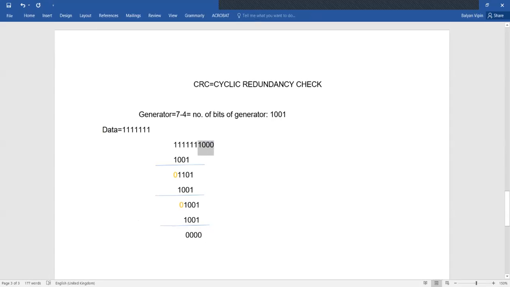So we are not looking at the quotient here because we need to get the CRC, and CRC is always the remainder. When you do this operation, CRC is the remainder.